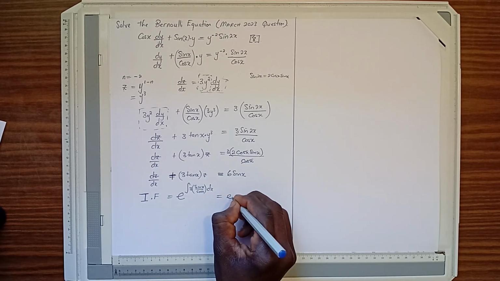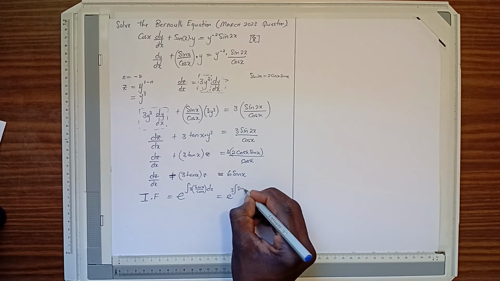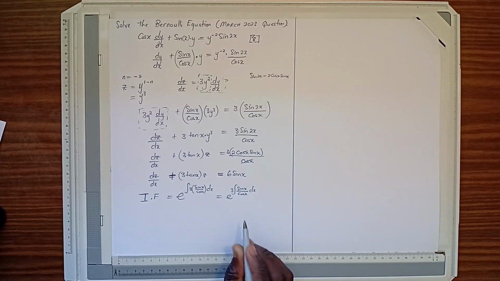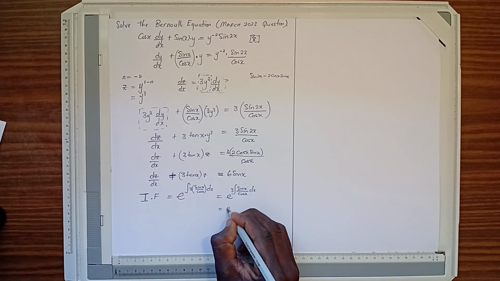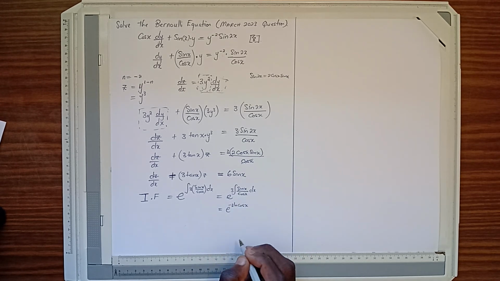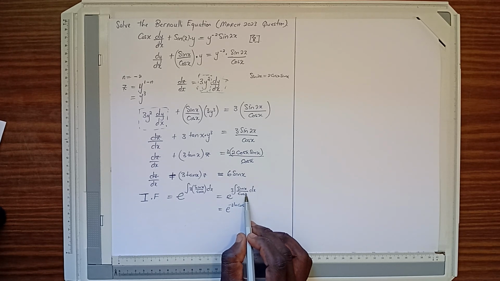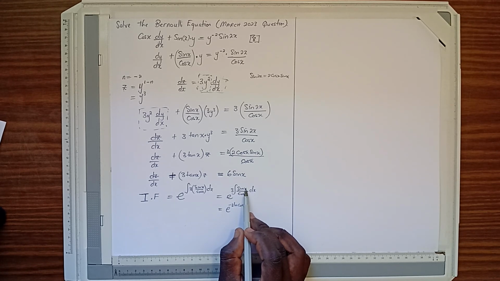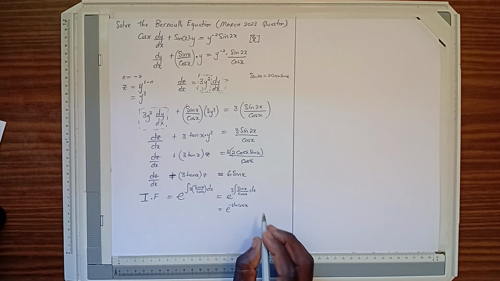We say e to the integral of, we factor out 3, sine x over cos x by dx. If we integrate here, we get e to the negative 3 ln of cos x, because we use the recognition method: if we integrate sin x over cos x, we get negative ln of cos x.